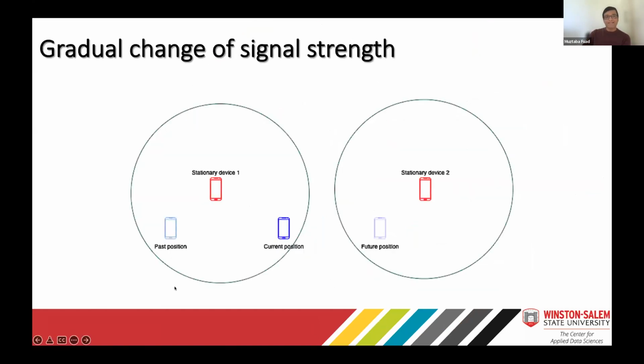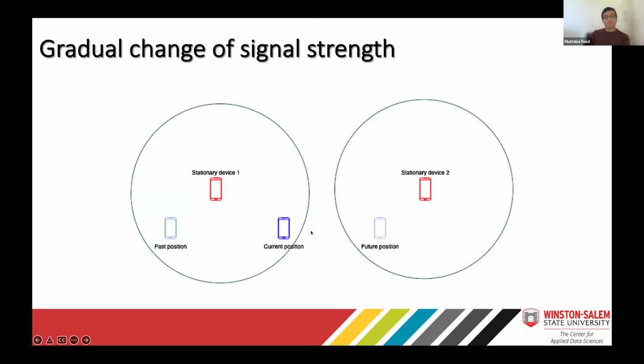To explain that, what this algorithm does is it collects the signal strength of a device while it's inside its proximity, and then the gradual change of that signal strength. So assume there are 2 stationary devices, and those are their radiuses. Currently the device is in the blue position.